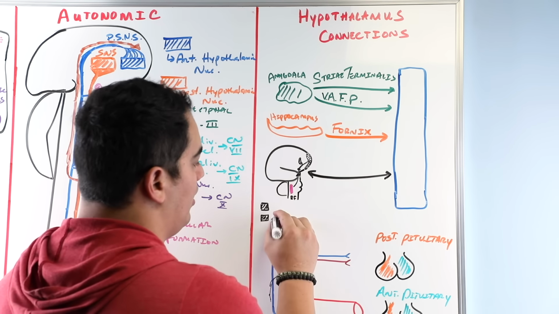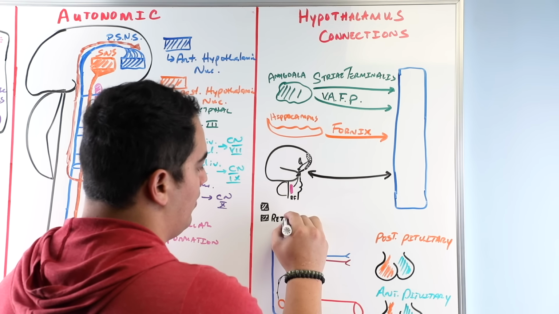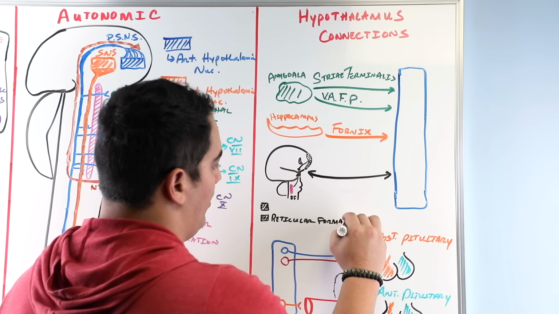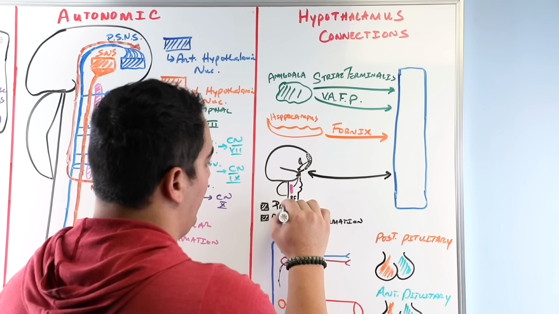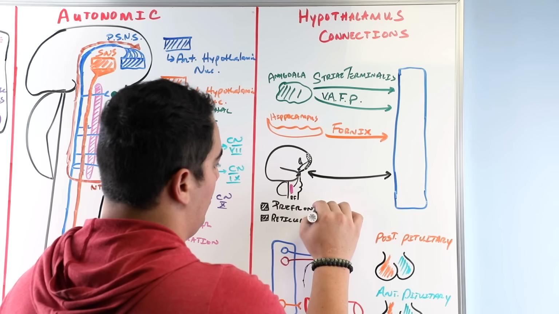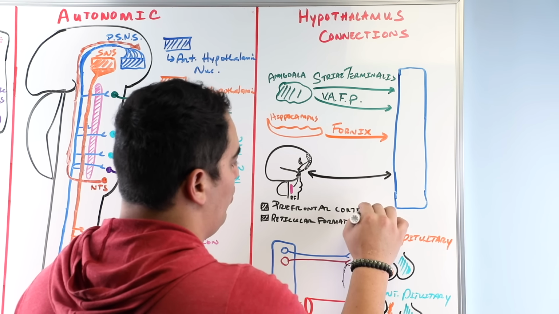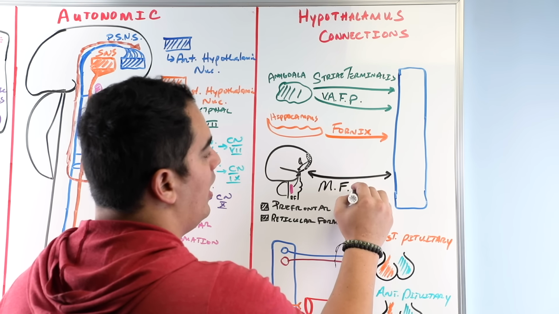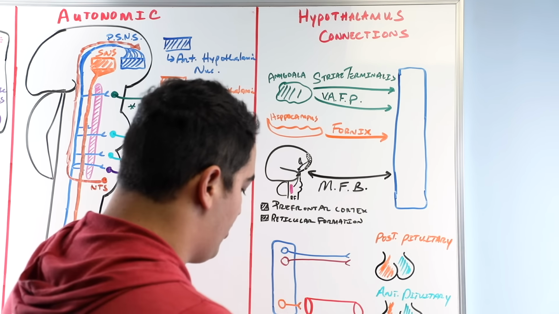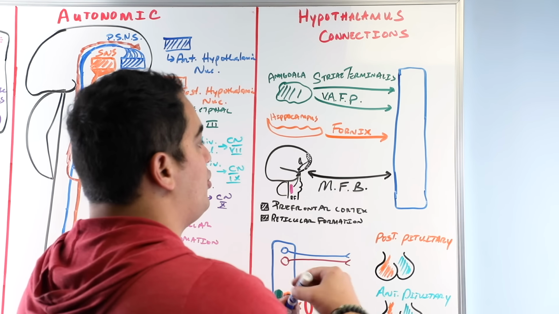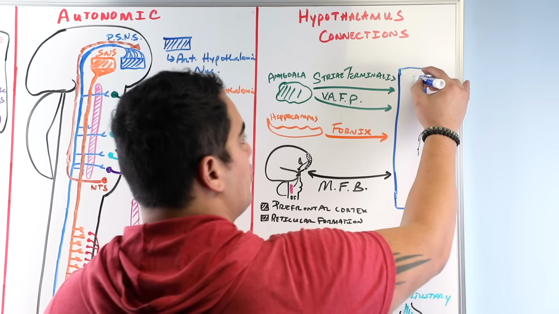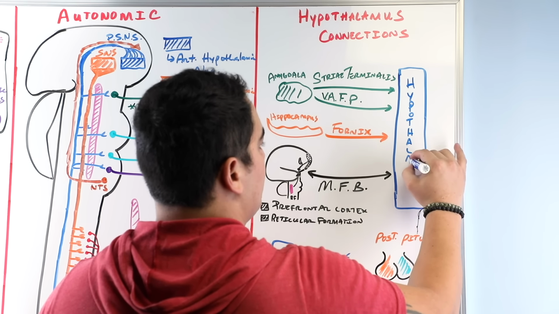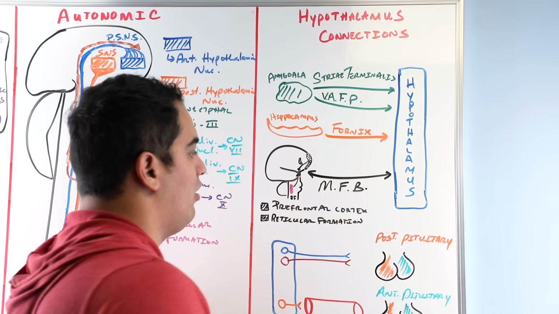The connection between the reticular formation, primarily the prefrontal cortex, and the hypothalamus is called the median forebrain bundle. So these are the connections for limbic functions between these structures and the hypothalamus.